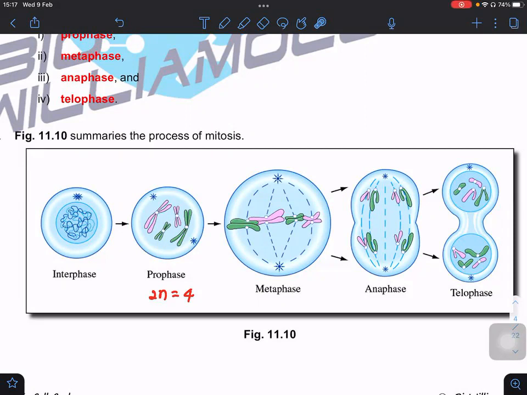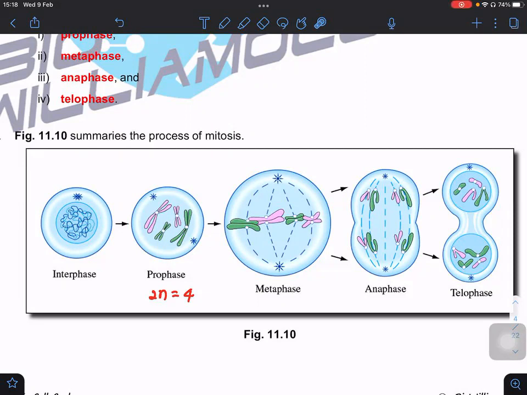So therefore, you can see that the cell now, the chromosome can align at the center. This part we call the metaphase plate. So when you see the alignment of the chromosome at the metaphase plate, that is a signature of the metaphase.